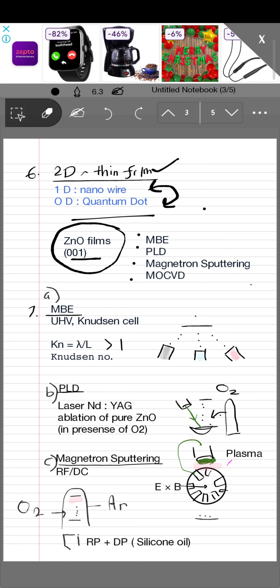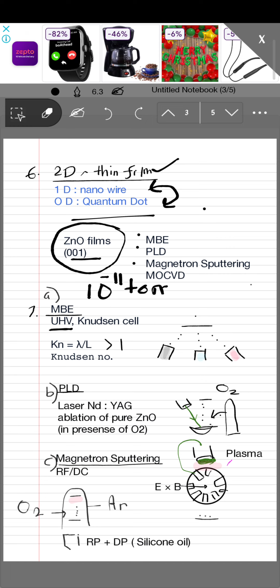The molecular beam epitaxy. The major requirement of molecular beam epitaxy is ultra high vacuum, about 10 to the power minus 11 torr. This should be the vacuum level inside the chamber, since it is mainly made for epitaxial growth, and close to 100% purity is desirable.